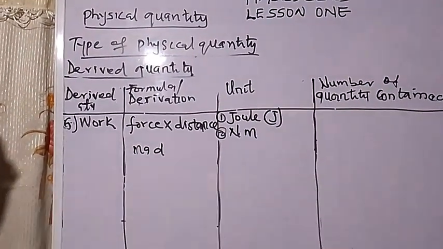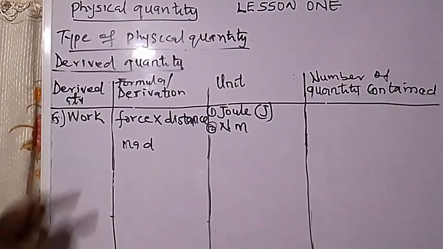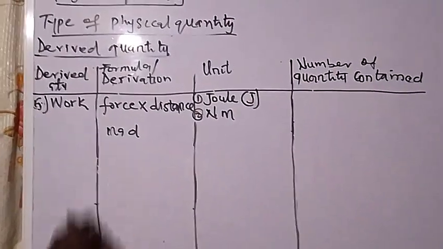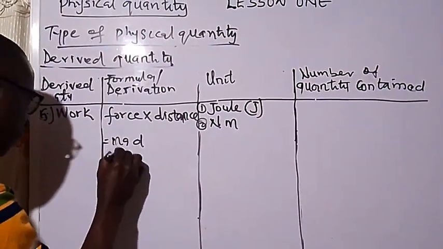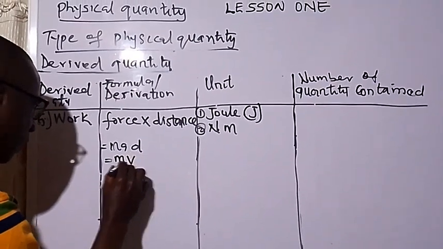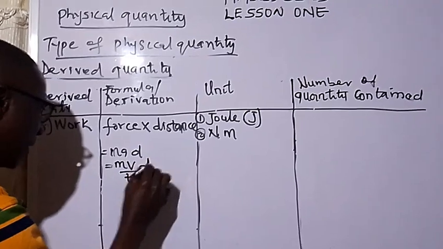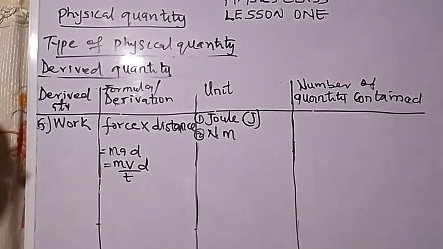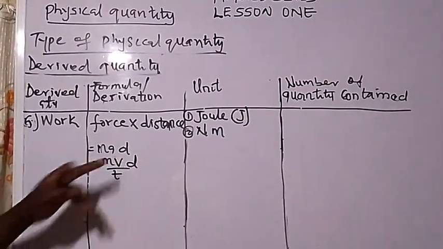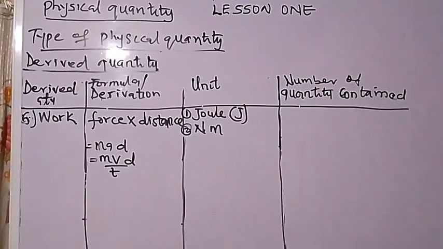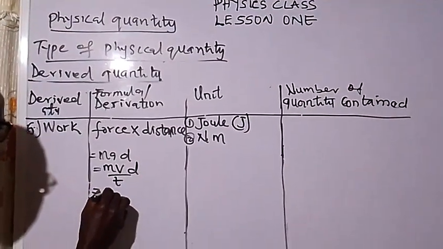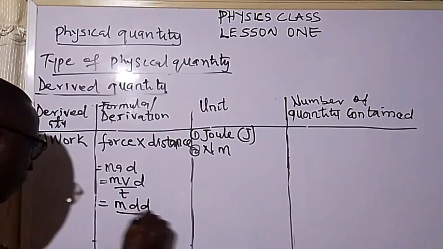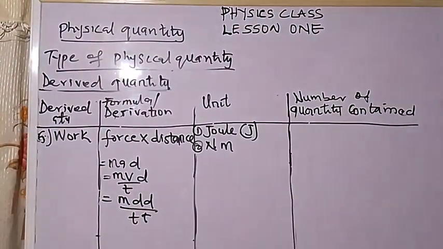Here again, if we express this one further, because acceleration is derived, we can now have m v over t multiplied by d, because don't forget, acceleration is velocity over time taken. Again, velocity is still derived. Let's express further, then we can now have m d over t.